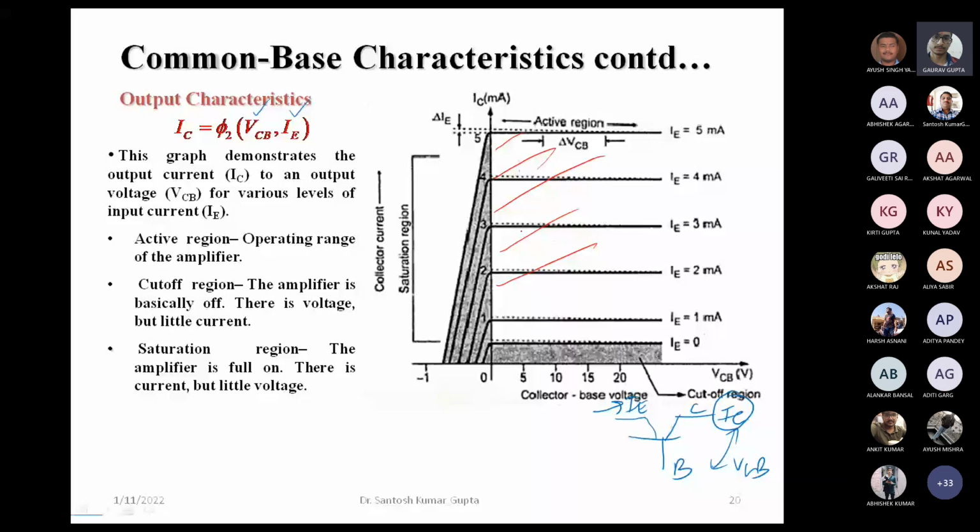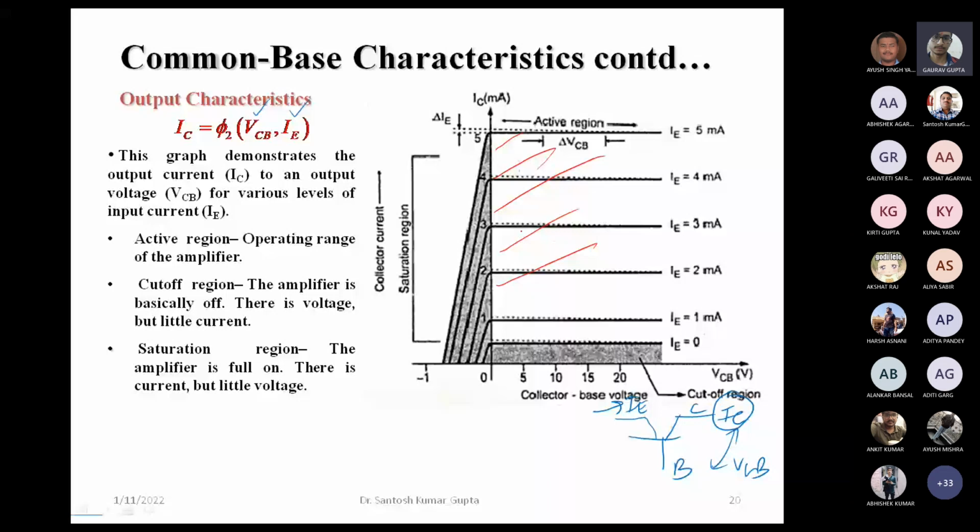Whereas if both junctions are off, that is, the base emitter junction is also off and this is also off by suitable reverse biasing voltage, then we are in the cutoff region.